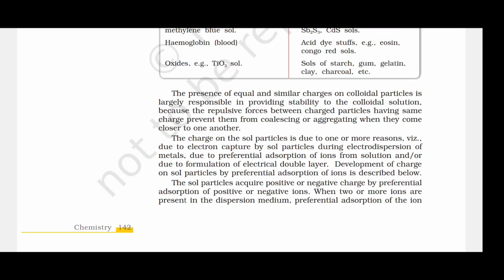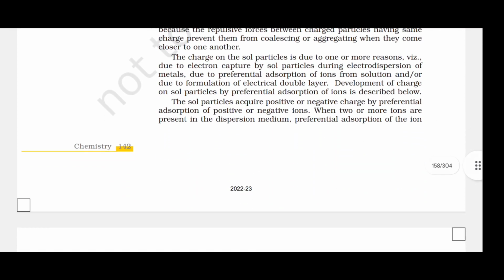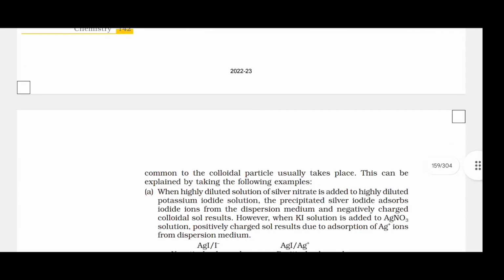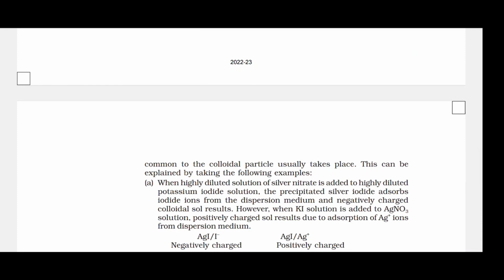Development of charge on sol particles by preferential adsorption of ions is described below. The sol particles acquire positive or negative charge by preferential adsorption of positive or negative ions. When two or more ions are present in the dispersion medium, preferential adsorption of the ion common to the colloidal particle usually takes place.